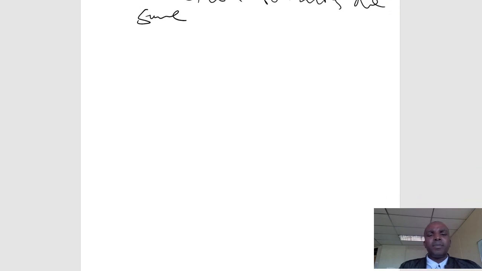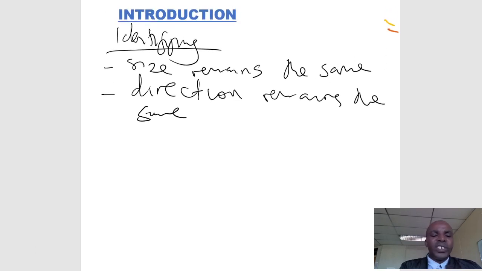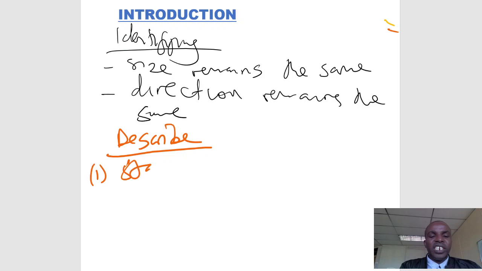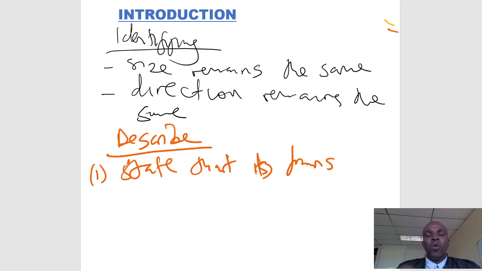Then how do you now describe a translation? Number one, you have to state that it's a translation. The question says, describe fully the single transformation that has mapped this shape onto this shape.